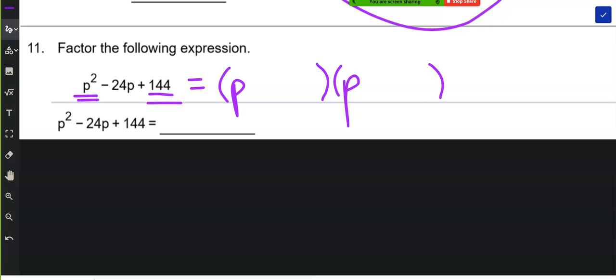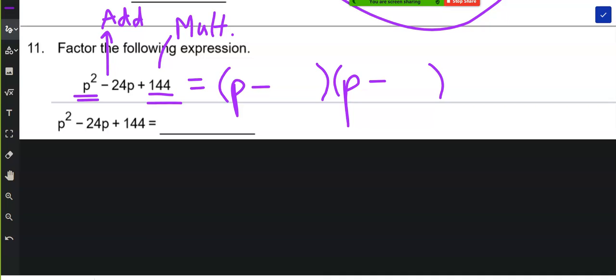Now, we need two numbers that multiply together to give us 144, right? So they multiply together to give us this, but they add up to this. If they're adding to a negative number, but multiplying to a positive number, then they would both have to be subtraction.